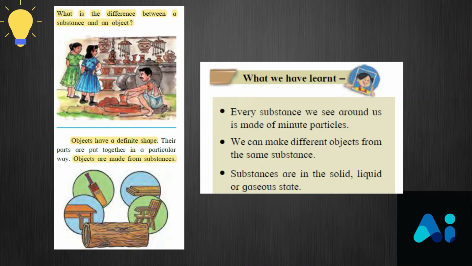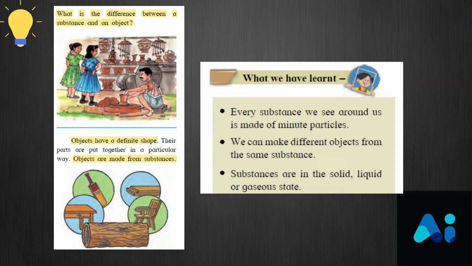Now, what's the difference between a substance and an object? So substances, as we see around us, are made of minute particles. And we can make different objects from the same substance, right? So objects have a definite shape.